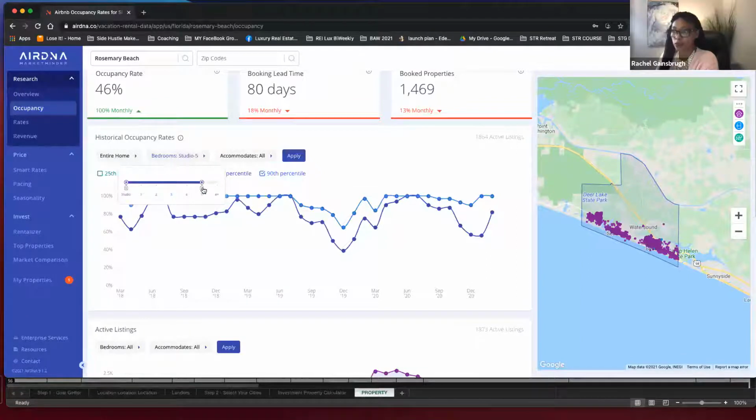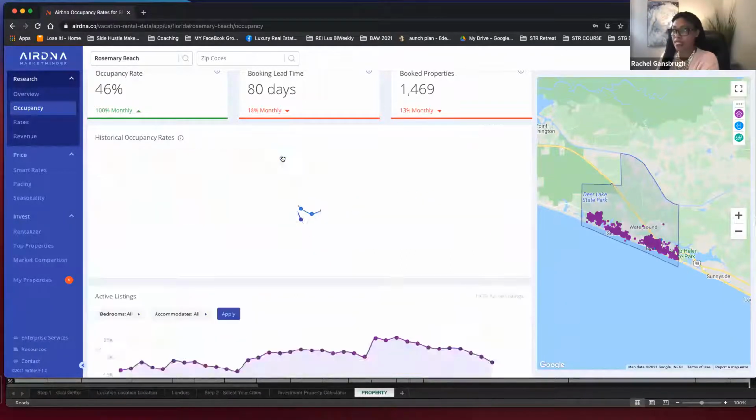And that's part of this workshop. You guys will see. And bedrooms, that's going to be 5 bedrooms, and accommodations up to 14 or so is where we landed in here, entire home.